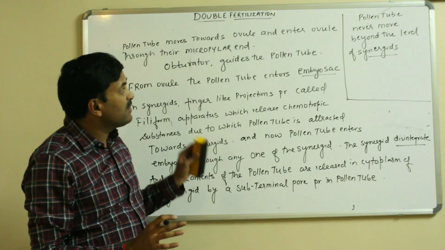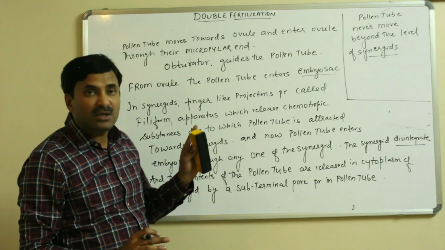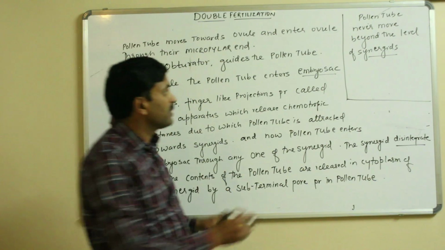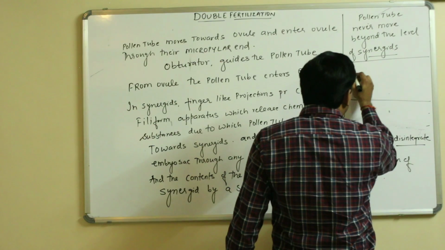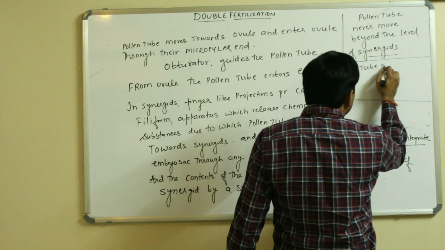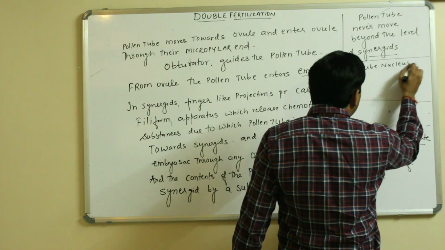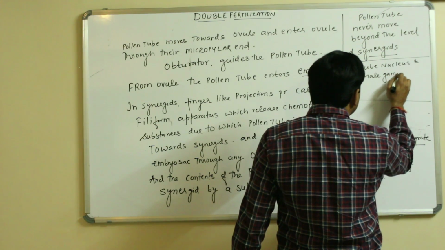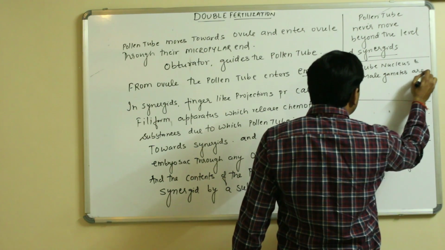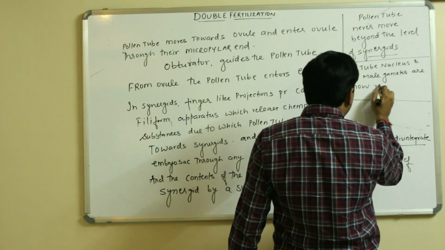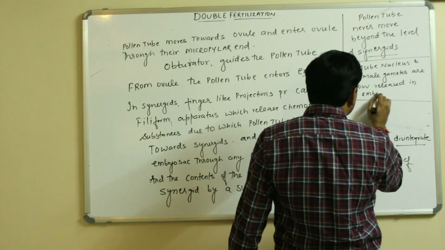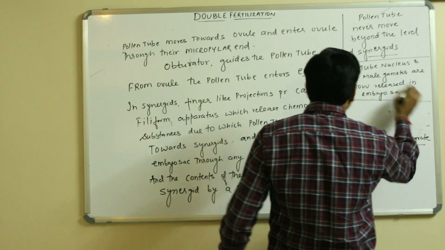And we know very well that there are two components found in the pollen tube, right? Means one tube nucleus and two male gametes are now released in the embryo sac.